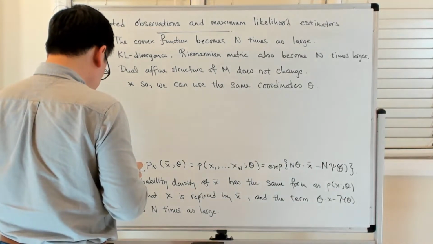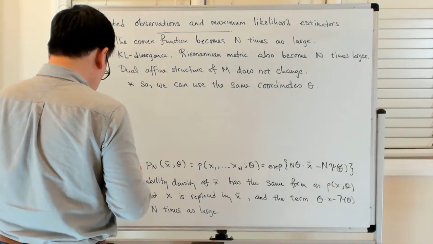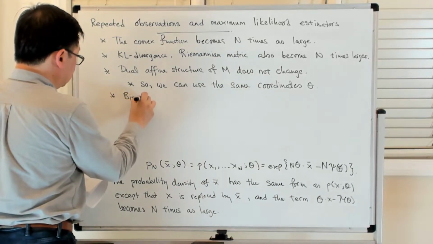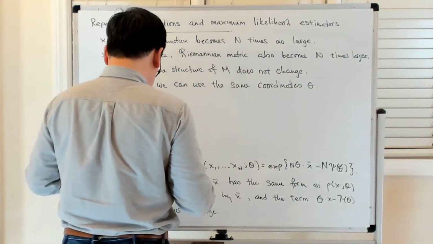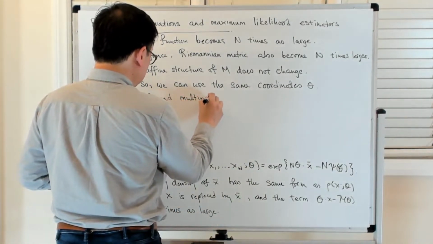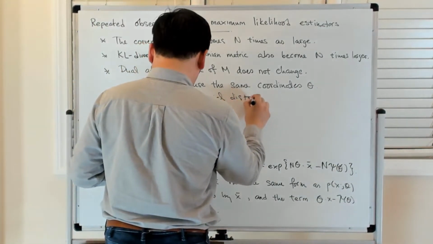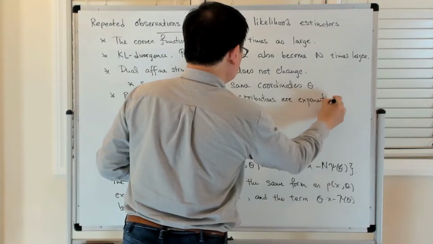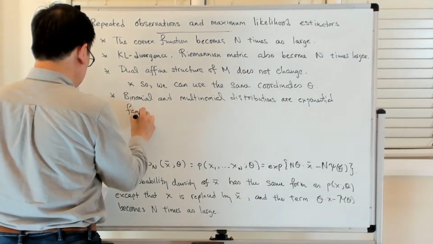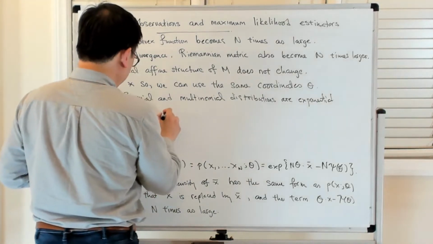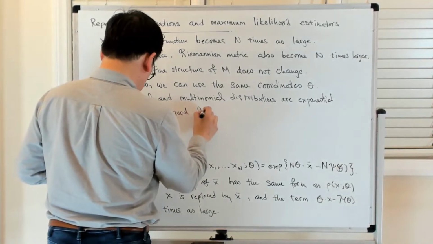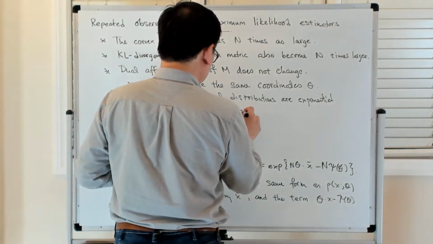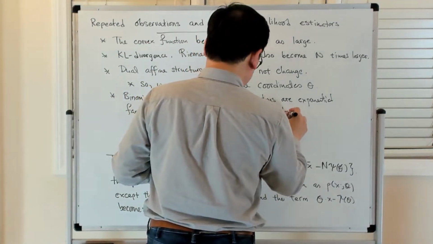The other remark is that the binomial and multinomial distributions are exponential families, derived from your 2 probability simplex and n probability simplex by multiple observations.